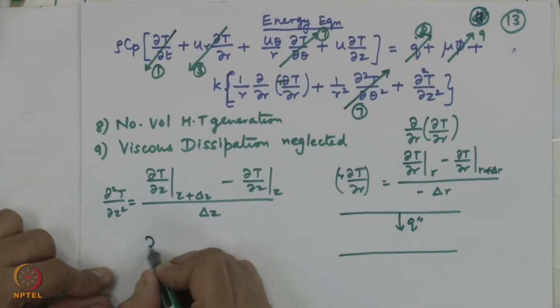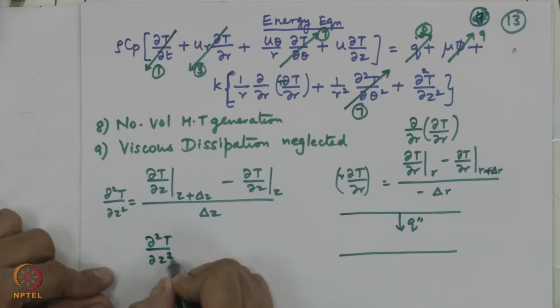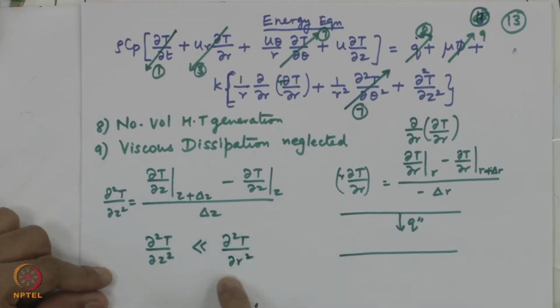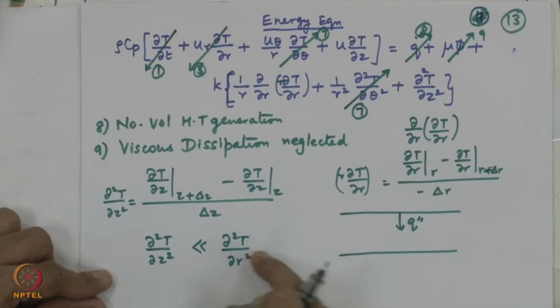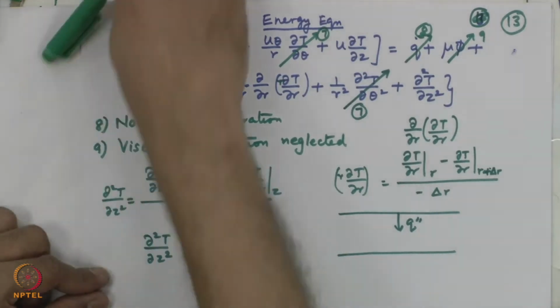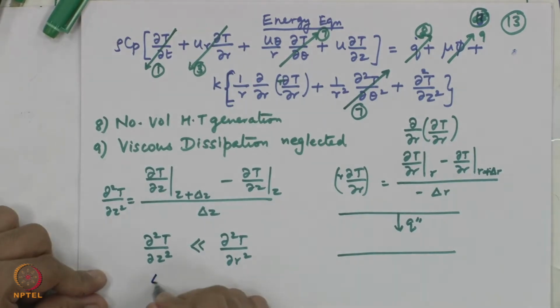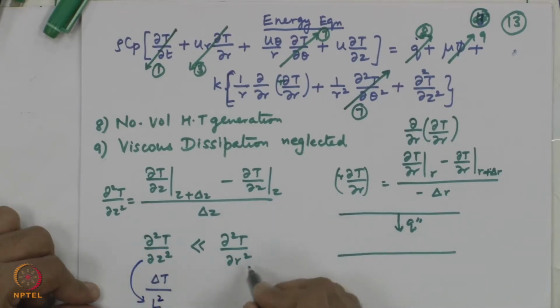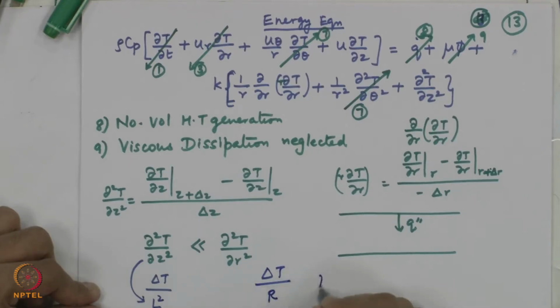So, in comparison with the second derivative in the z direction, if you do the order of magnitude analysis, I am simplifying it this way, though there is a d by dr of r dt by dr. The point I am trying to make is this delta t over z, which is of the order L, length of the pipe, L squared, whereas this is some reference delta t of the order capital R, and R is much smaller than L, therefore, R square is much smaller than L square.